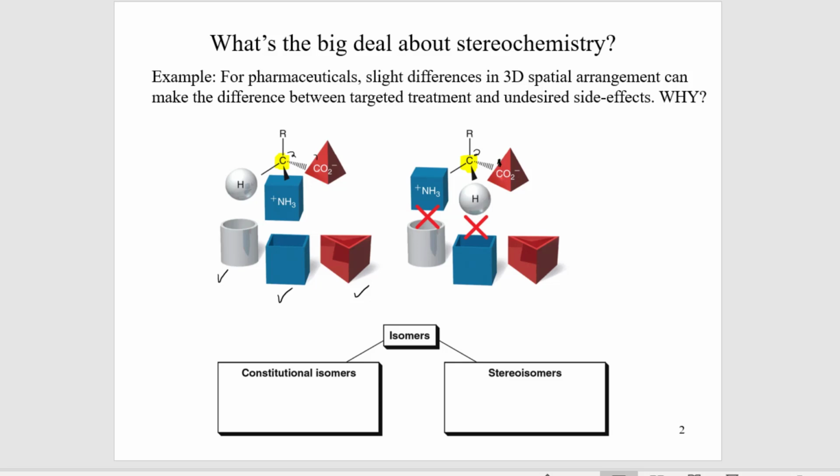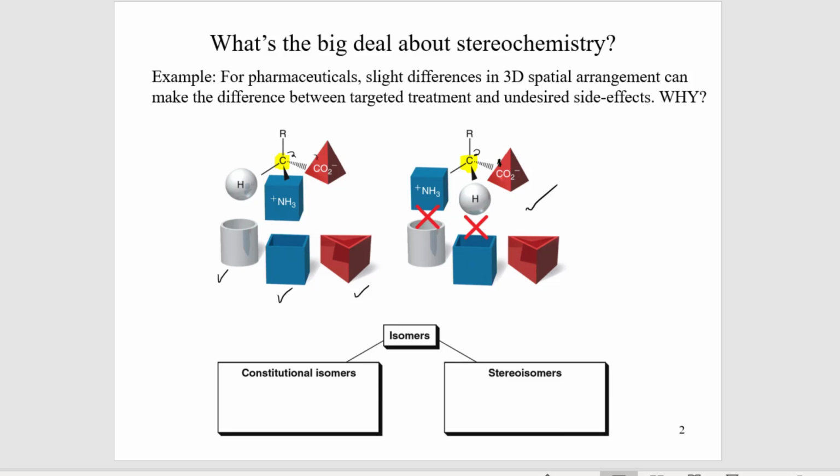But if I just reorient them, the carboxylate would fit, but because the hydrogen and the ammonium are swapped in position through space, they won't fit into their required boxes. And so you could understand, from a pharmaceutical point of view or even a materials point of view, that through space is actually going to make a huge difference in function.